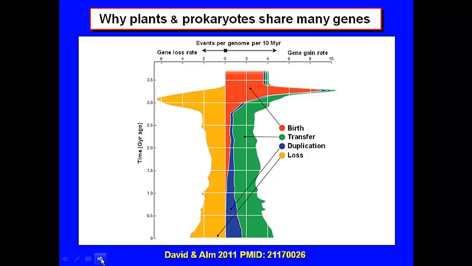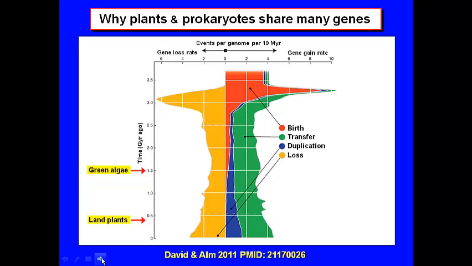Now, on that time axis, look where the very first true plants appear, 1.5 billion years ago. The creation of new genes is almost already nothing. By the time you get to land plants and even more angiosperms, it really is nothing.